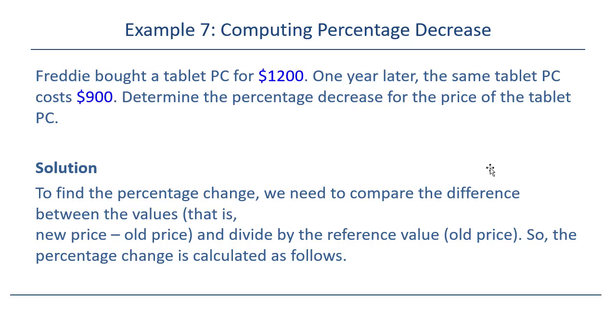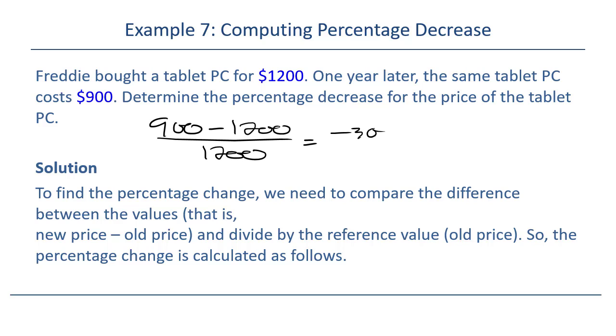So you buy a tablet PC for $1,200. 1 year later, the same thing only costs $900. Oh, isn't that always the case? Determine the percent decrease of the price. Okay, well, what's the price now? $900. What was the original price? $1,200, divided by the original price. So you can see that it went down $300.